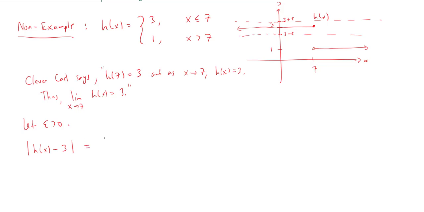Because h is a piecewise function, the difference depends on which x we choose. If x is to the left of 7, or even equal to 7, then the value of h of x is 3, and I'd get 3 minus 3 in absolute value, or just 0. Hey, 0 is less than epsilon. Not too bad. But what if x is greater than 7? Well, then h of x is going to be 1.